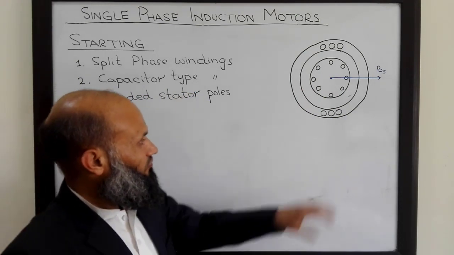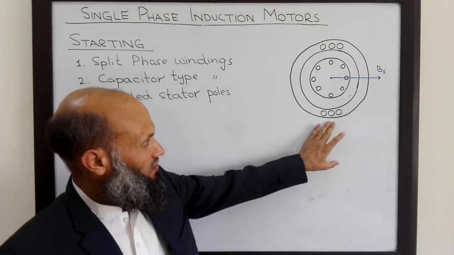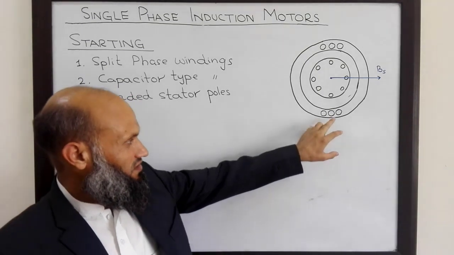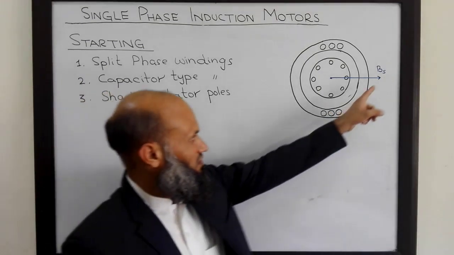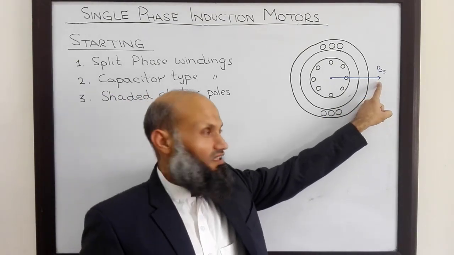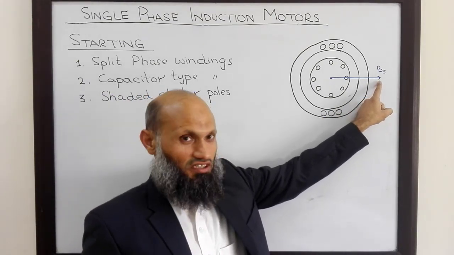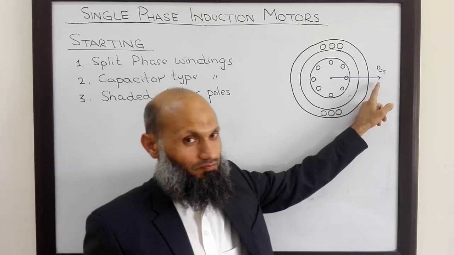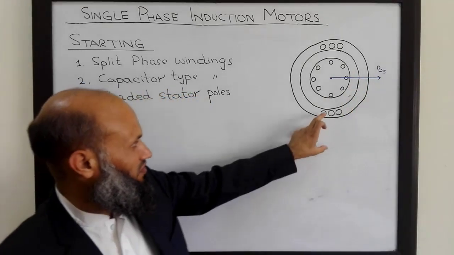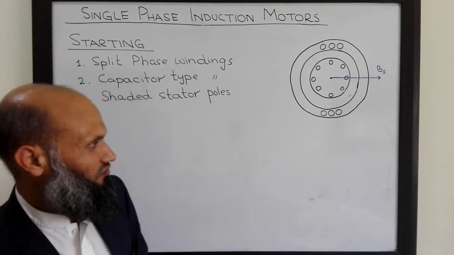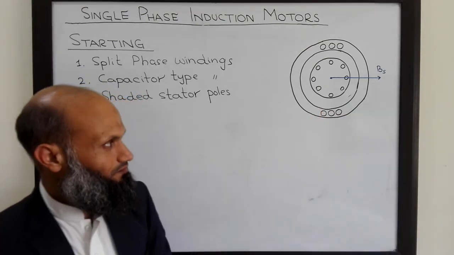On the stator, we have a single phase windings, and when current is supplied to these single phase windings, stator magnetic field is produced. This magnetic field is not rotating, it is stationary. However, its magnitude is pulsating with the sinusoidal currents which are flowing in these stator windings.